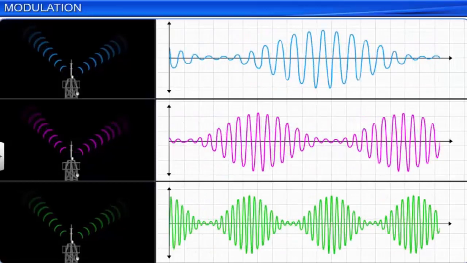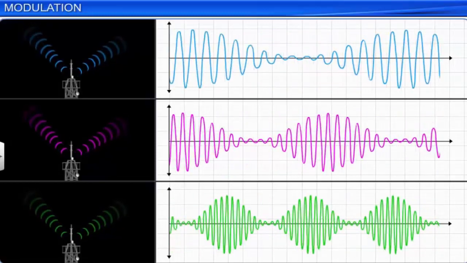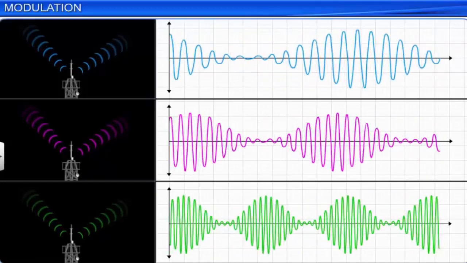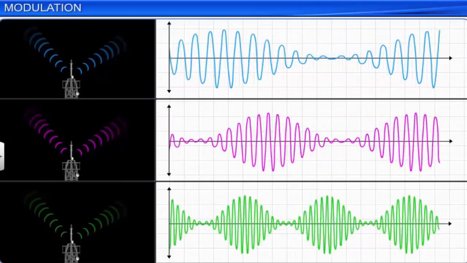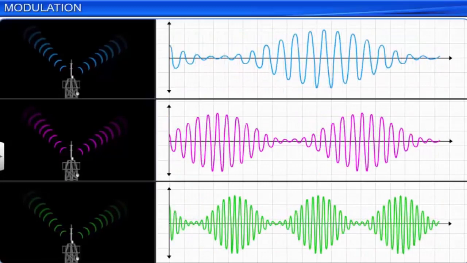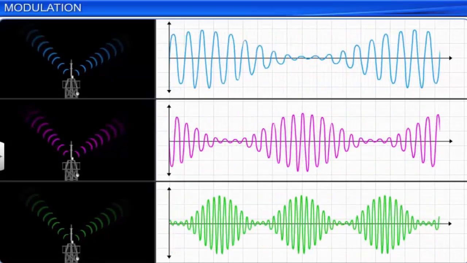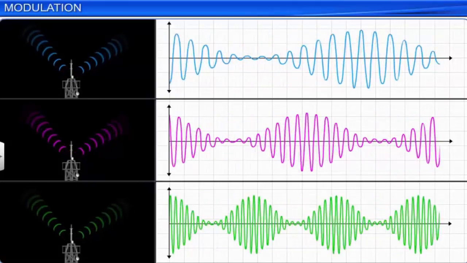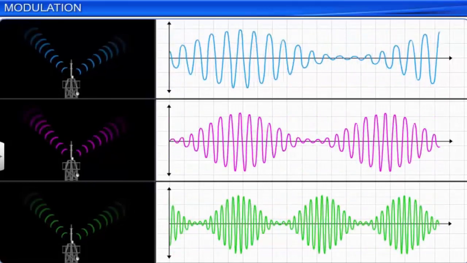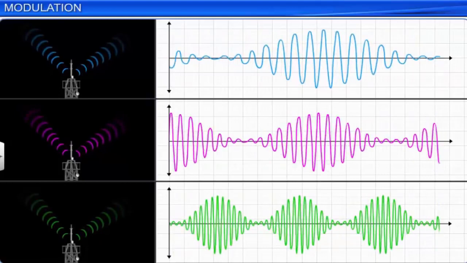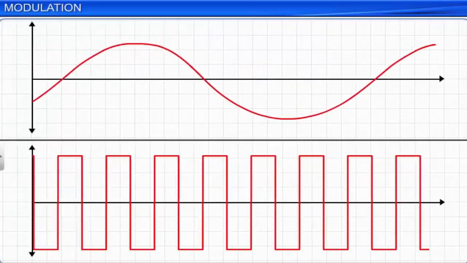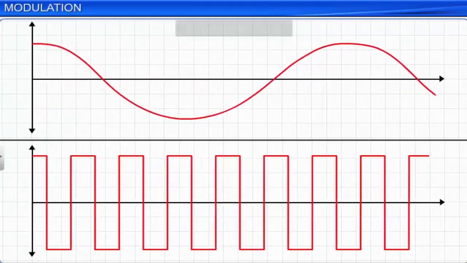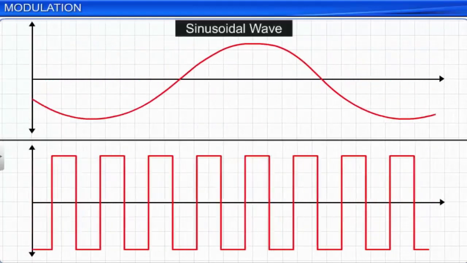In the process of translating the low-frequency signals to a higher level, we use the high-frequency waves called carrier waves. The process of attaching the information in the message signal to a carrier wave is called modulation. The high-frequency carrier waves used for modulation may either be analog sinusoidal waves or digital rectangular waves called pulses.